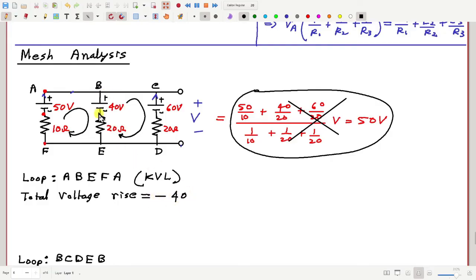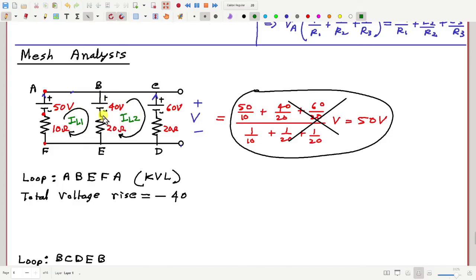Assume loop currents IL1 and IL2 flowing along these two closed loops.